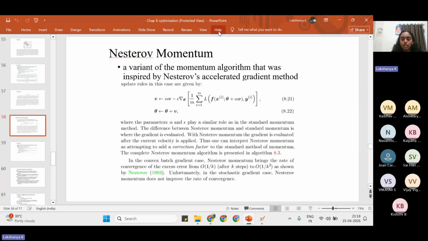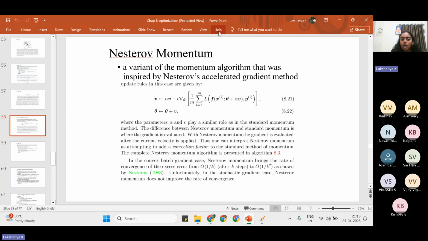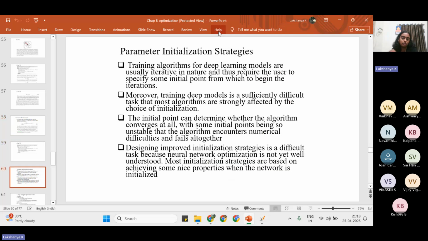This just does the momentum twice. So it is like adding a correction factor. This extra update we do here is just a correction factor to reduce your error. It brings the rate of error down. That's the whole idea of Nesterov momentum. So it's just one modification of your momentum technique.